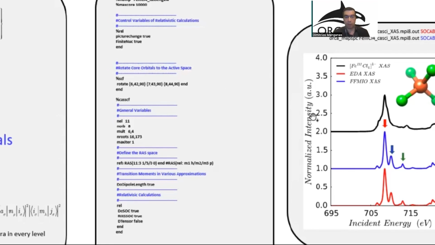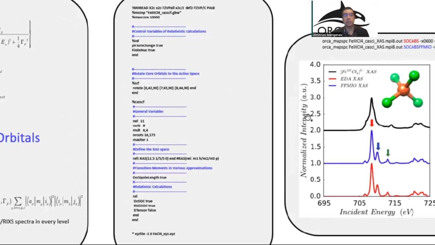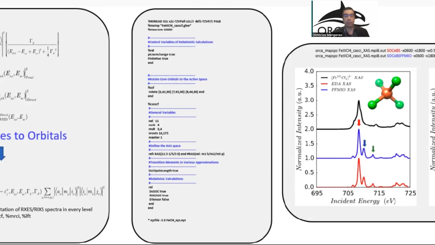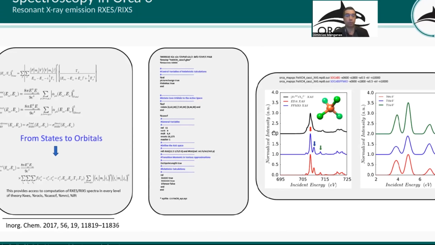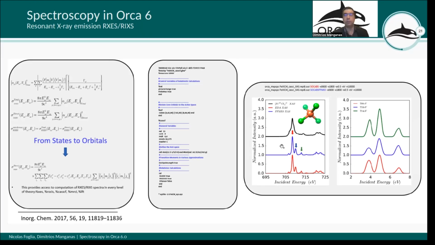Then again, one can compute these iron L-edge X-ray absorption spectra in different approximations like the electric dipole approximation or full field matter interaction operator and compare actually to experiments here shown in black.